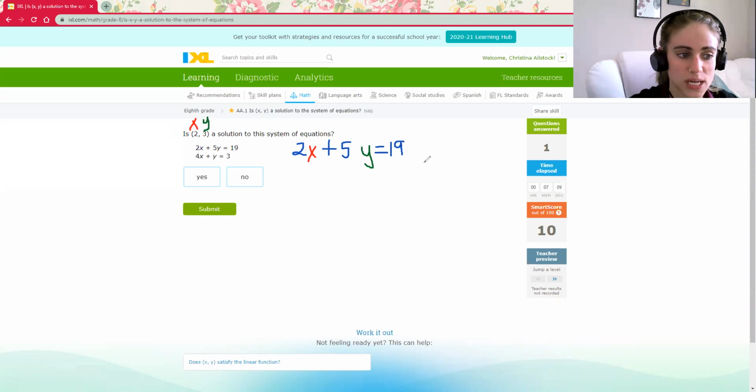When we substitute, instead of 2 times x, it will be 2 times 2. Instead of 5 times y, it becomes 5 times 3. And I want to see if that equals 19.